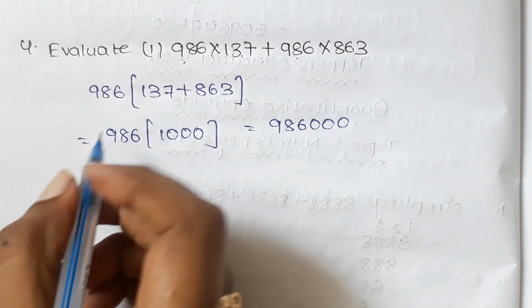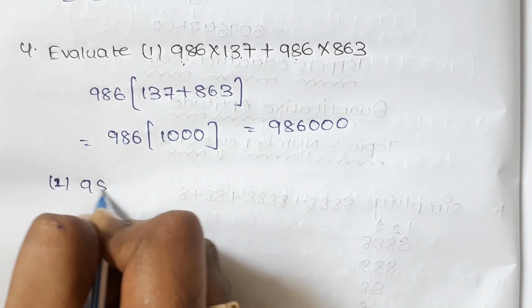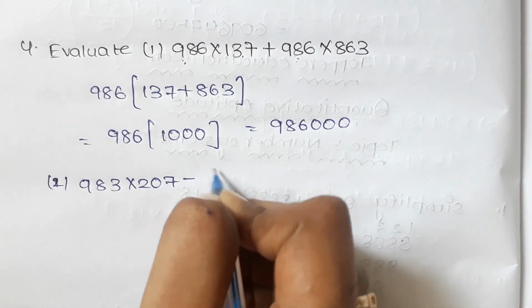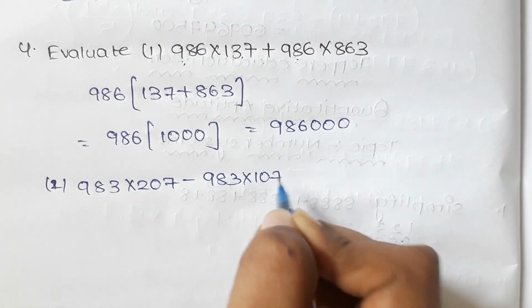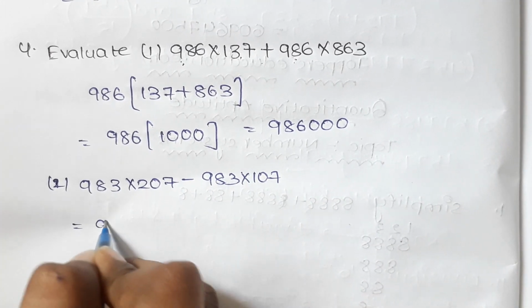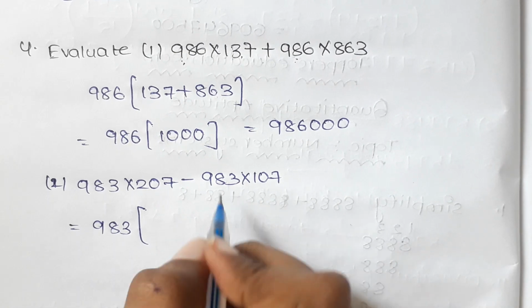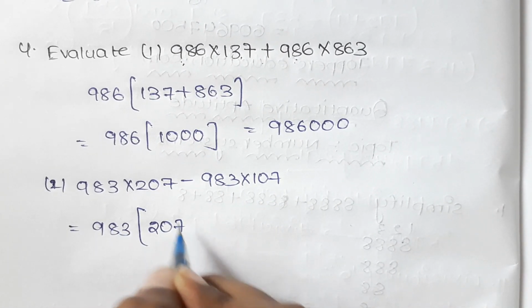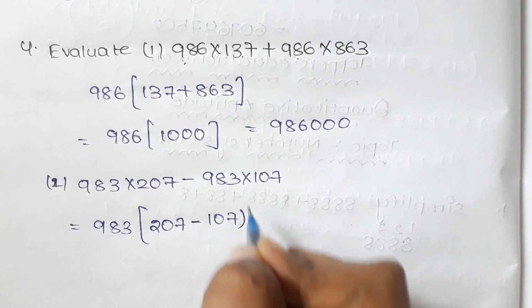Let us see a similar example, that is 983 into 207 minus 983 into 107. Here similarly 983 is common, and when taken common we will get 207 minus 107.